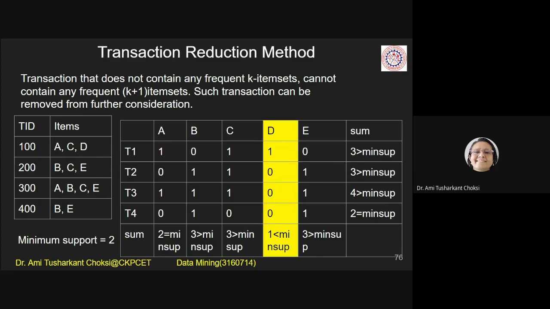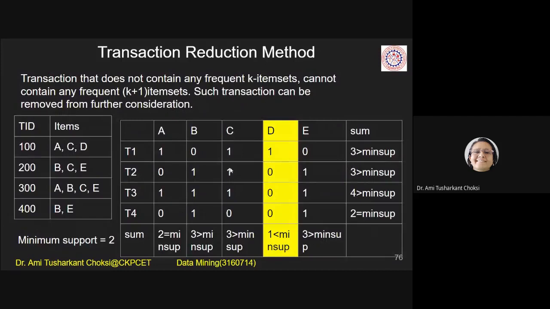Let me show you once again so you can have the idea for transaction T2. Okay. So B, C, E. A is there? No, it is not there. So for transaction T2, for A, we'll put the value 0. For B, C, we do have the items for the T2 transaction, so for B and C, we'll put 1, 1.